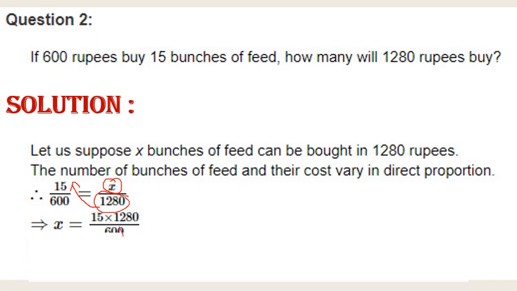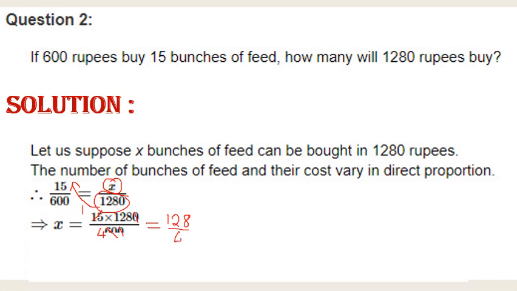So how do we simplify this? 0 0 gets cancelled. 15 ones are 15, 15 fours are 60. So we have 128 upon 4. Yes. So 128 upon 4 can be further simplified. How? 128 is divisible by 4, isn't it?